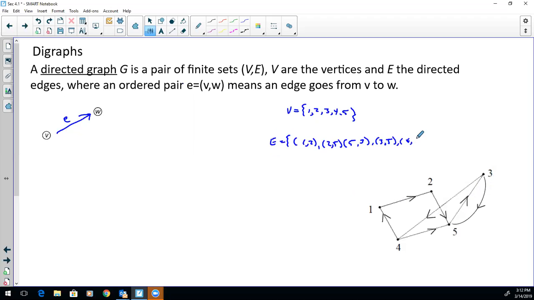We have a 4 goes to 5, and a 4 goes to 1.